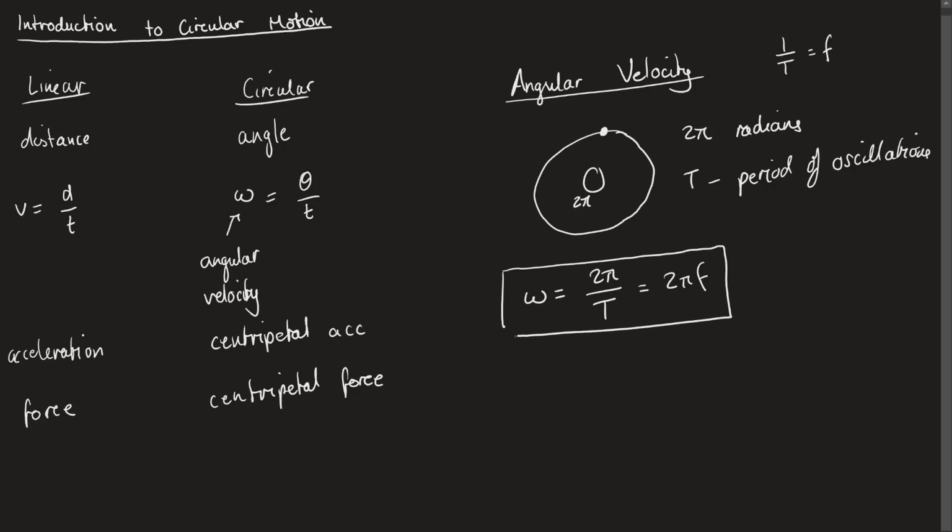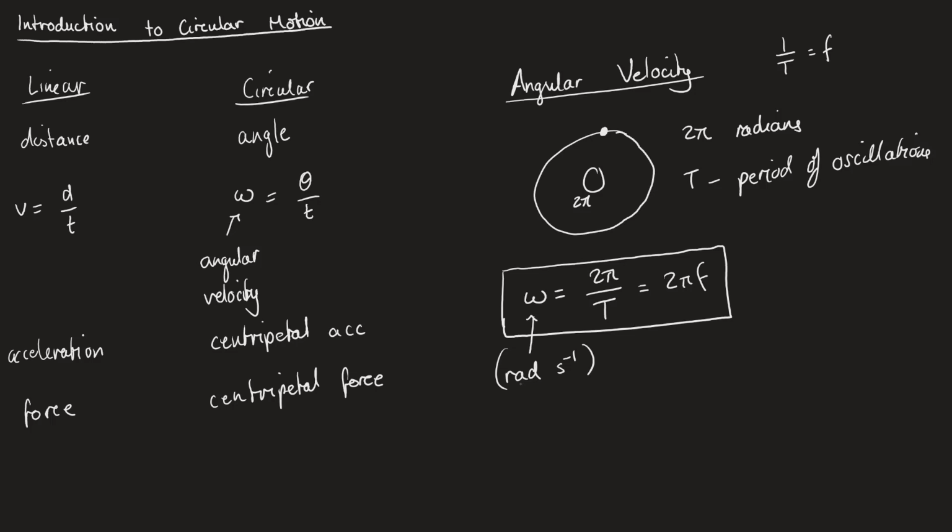Now this is your general definition of this. And as we've said over here, but not explicitly written, the units of this angle are going to be radians, and this is per unit time, so we usually measure these in radians per second. So now we have a definition of angular velocity.